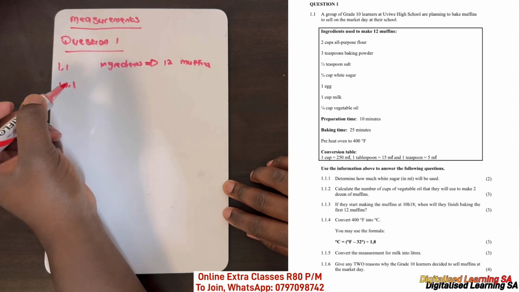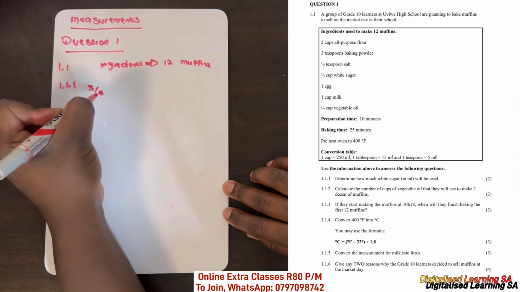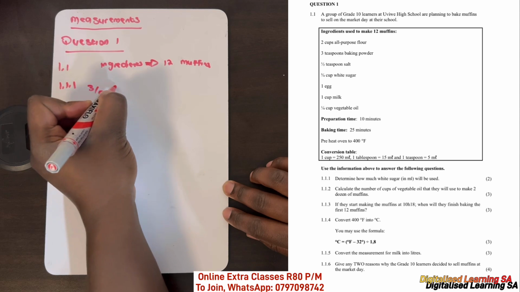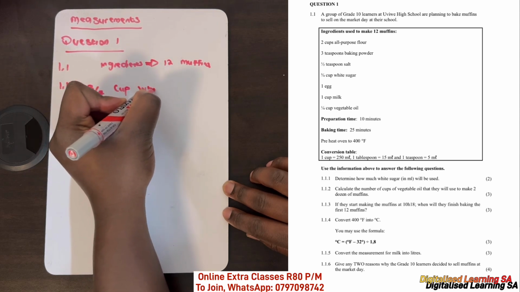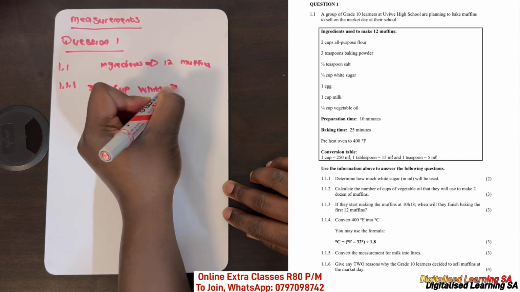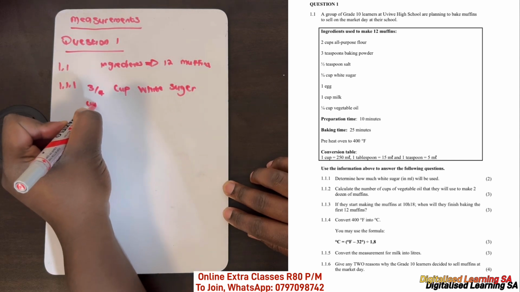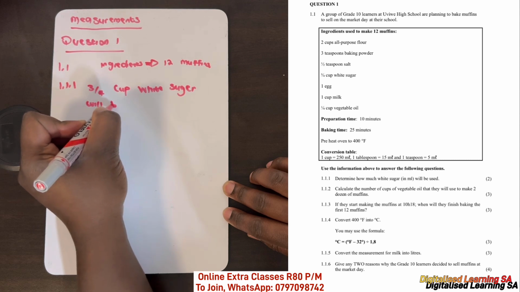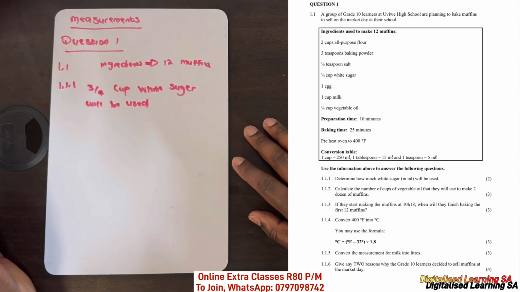If we go back to our scenario, we are told that 3/4 cup of white sugar will be used. That's what we are told in the information that we are given.